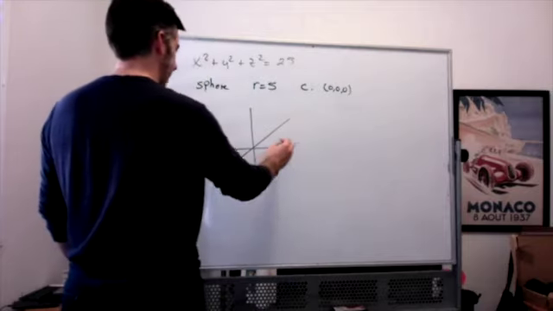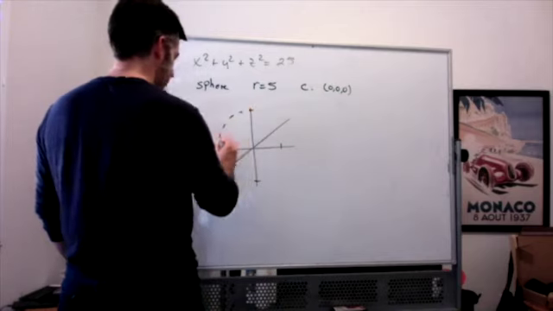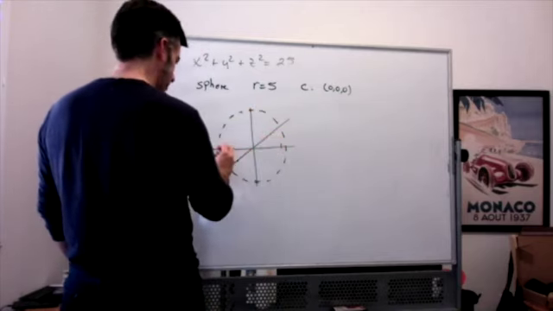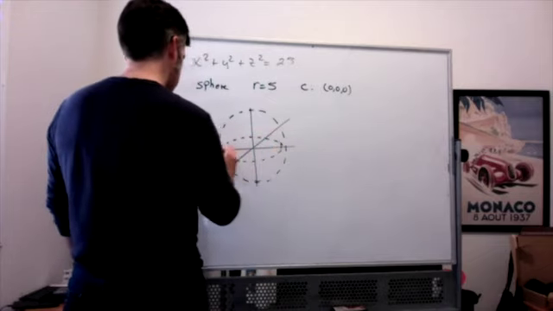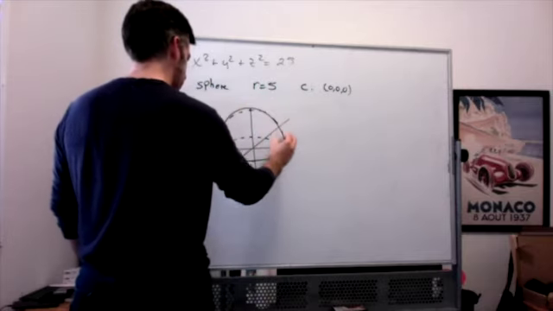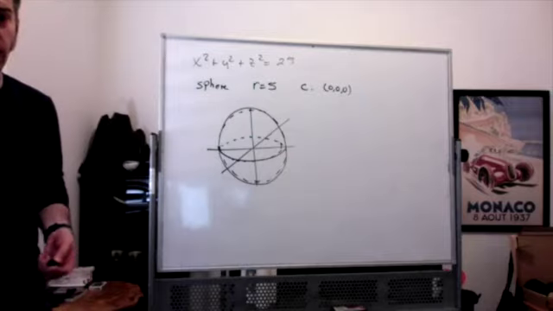So 5 this way, 5 that way, 5 this way, 5 that way, 5 this way, 5 that way. So we've got a sphere with a radius of 5.